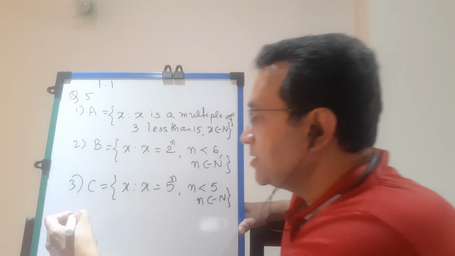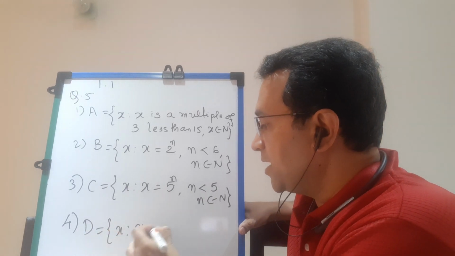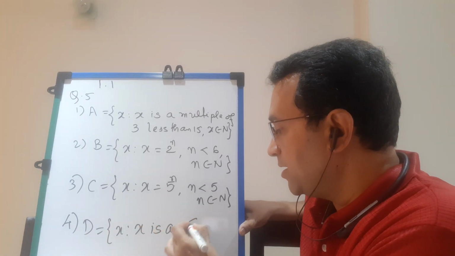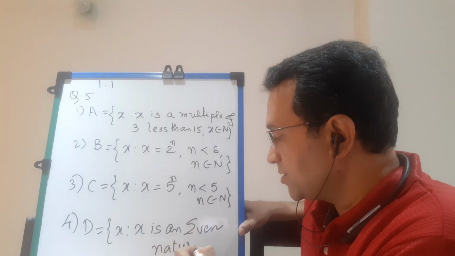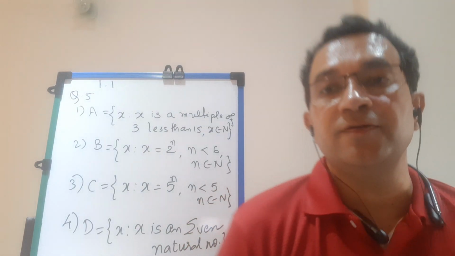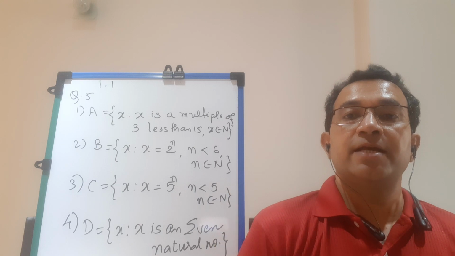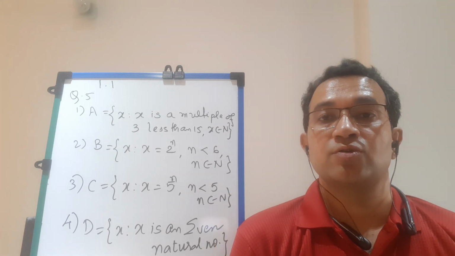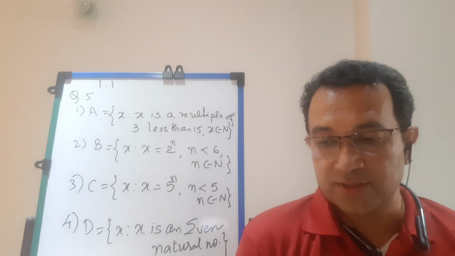So I am writing set D is equal to x such that x is an even natural number. Definitely this becomes an infinite set. So 2, 4, 6, 8, 10. The first even natural number starts from 2. So 2, 4, 6, 8, 10 and onwards.